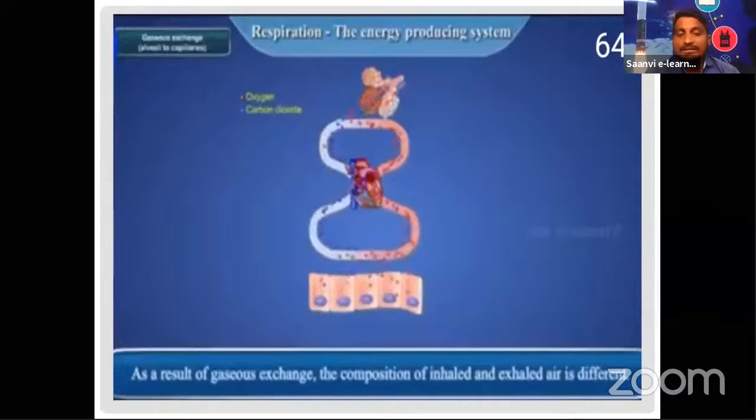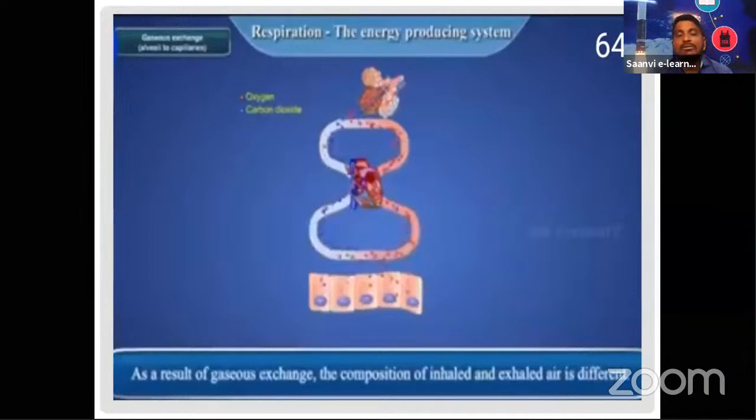Here, as a result of gas exchange, the composition of inhaled and exhaled air is different. See, in inhaled air, oxygen is present, carbon dioxide is present, and nitrogen is also present. In exhaled air likewise, carbon dioxide, oxygen and nitrogen are present. Don't think we are exhaling pure carbon dioxide or inhaling pure oxygen.